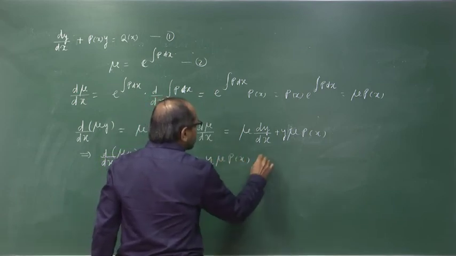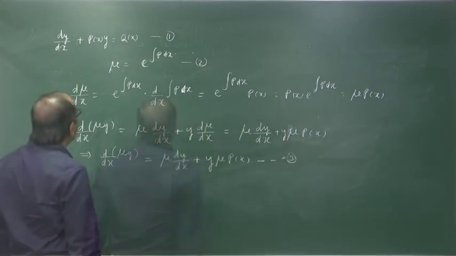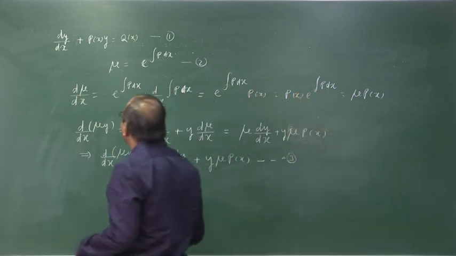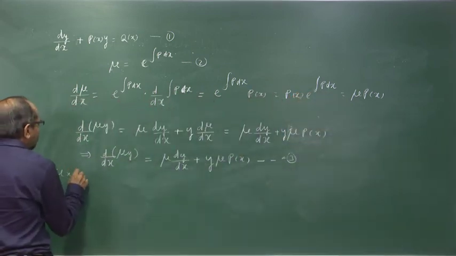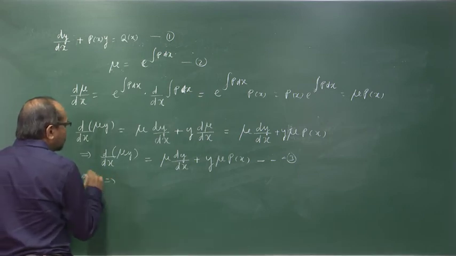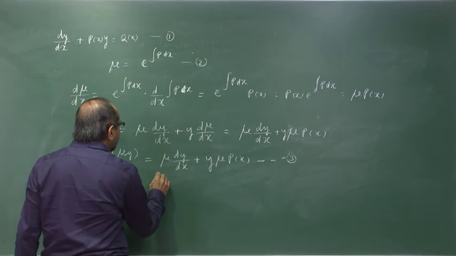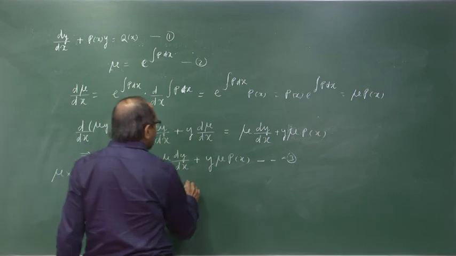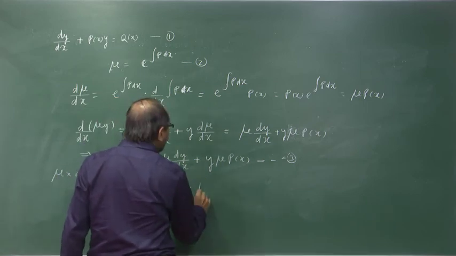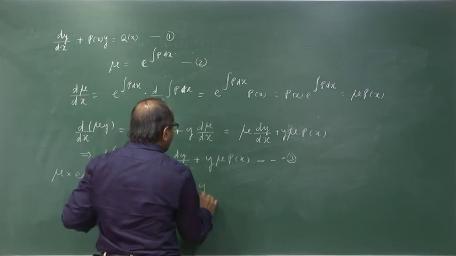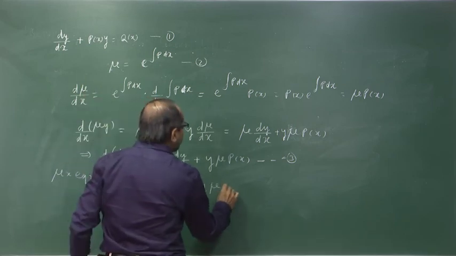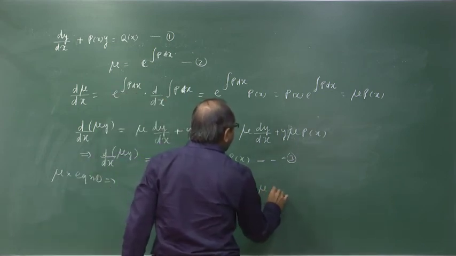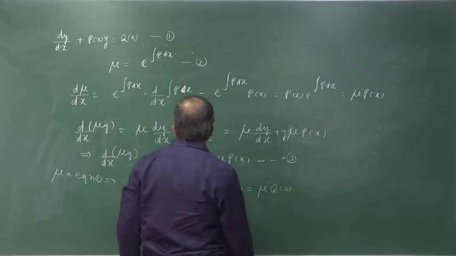If we multiply μ with equation 1, what will we get? Let us multiply μ into equation 1. We will get μ dy/dx plus yμp(x) is equal to μq(x).